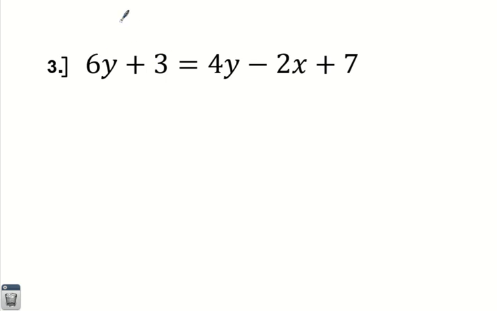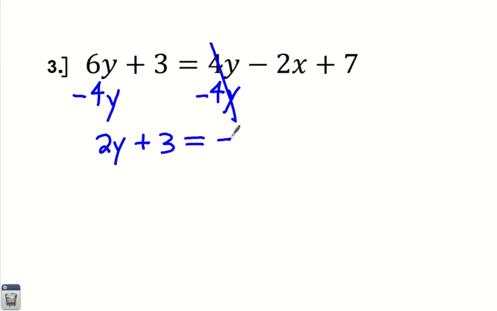So, gee, what if we just get the y's together over there? And so that's going to be 2y. And then what remains on the right side, see, these are like terms. They do combine together to make 2y. And what remains on the right side is negative 2x plus 7.